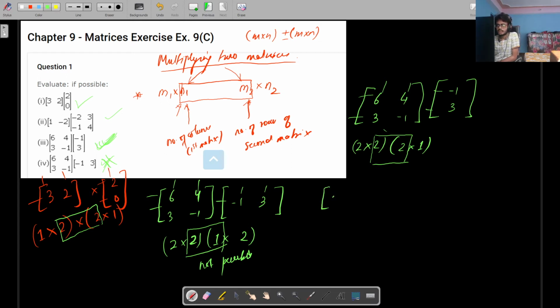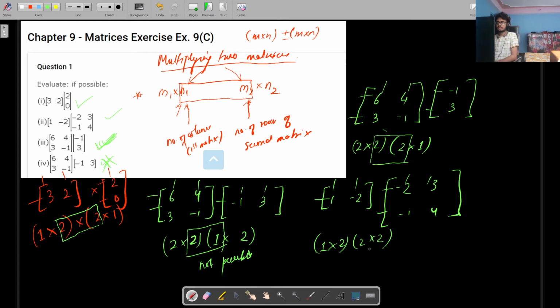For the second one, we have 1 minus 2 multiplied by minus 2 minus 1, and then we have 3 and 4. This is a matrix which has one row and two columns, and this is a matrix which has two rows and two columns. To check whether multiplication is possible, we check these values. Since these values are equal, multiplication is possible in this case as well.